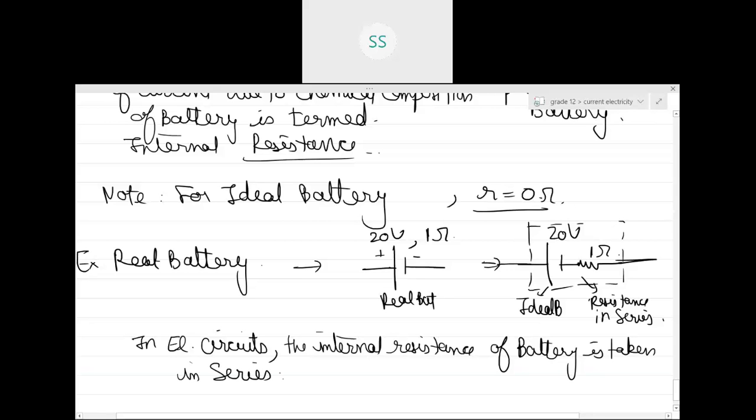It's not necessary only for a battery. Internal resistance of any other circuit or any other device, always remember, we will take the internal resistance in series with that device. Is this clear? Yes, sir.